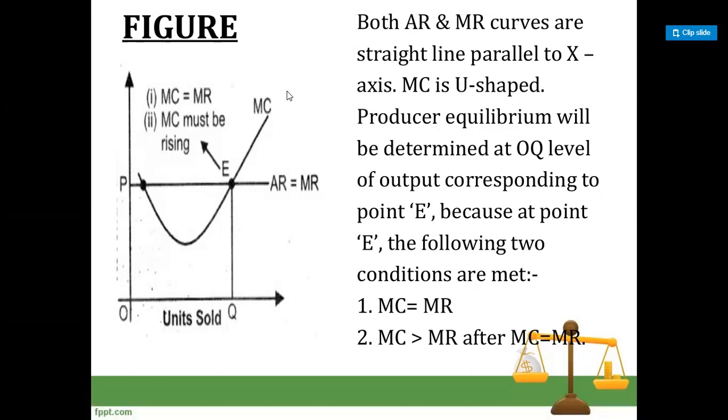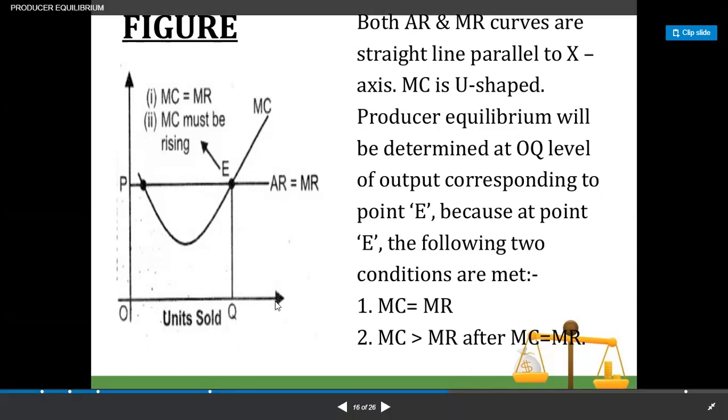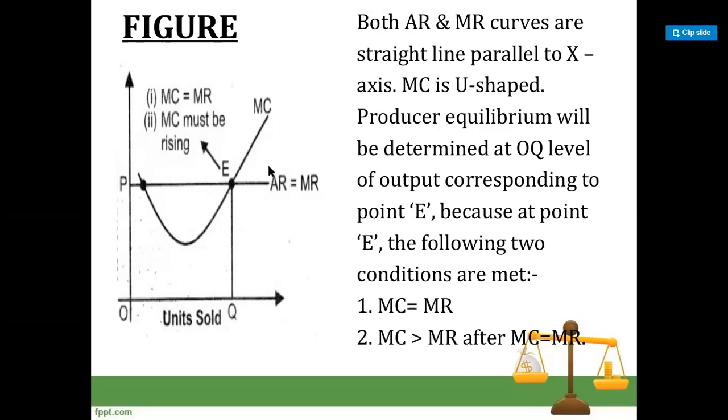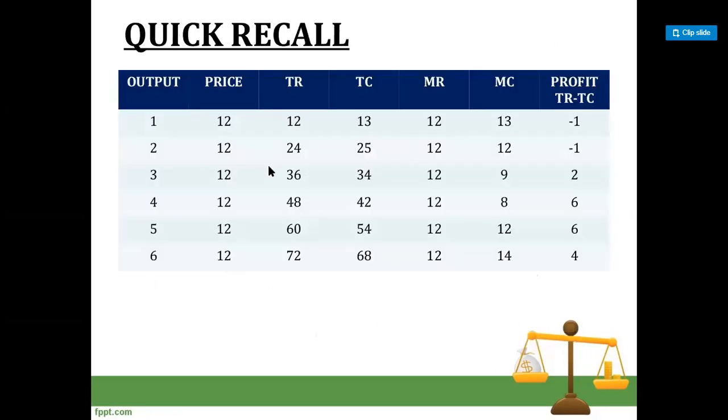Producer equilibrium will be determined at the OQ level, at point E, because only at point E are the two conditions met: MC equals MR, and MC is greater than MR after MC equals MR. This condition is shown here with the help of this figure.